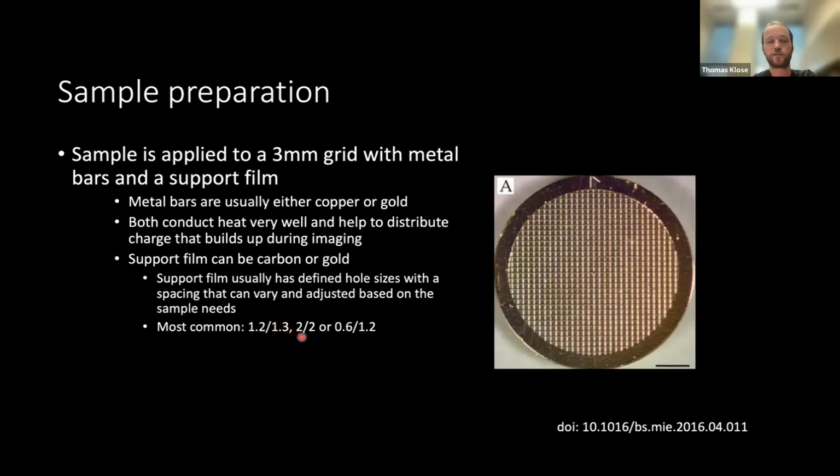If one has larger particles, one can go for a 2 micron hole with a 2 micron spacing. Or for really small particles, it's also not unusual to have a 0.6 micron hole with a 1.2 micron spacing or a 0.6 micron spacing. Again, which hole is selected depends a little bit on the specimen.